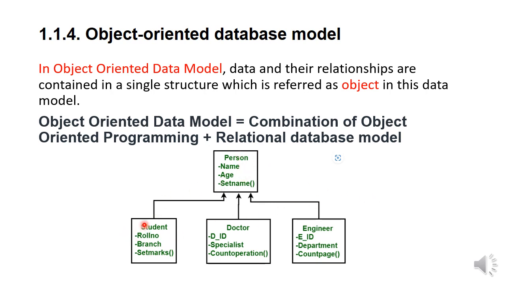For example, here we have a table called student, and here we also have the functions. Because in an object-oriented programming language we have classes, here we have a class, here another class, and here another class. A class is a combination of variables, like for example roll number and branch, together with the member functions. The member functions are those identifiers which have a pair of parentheses.